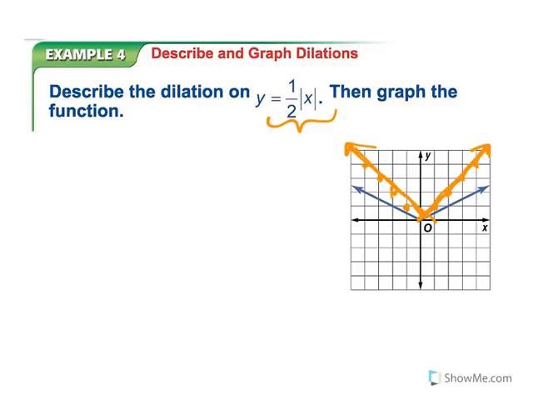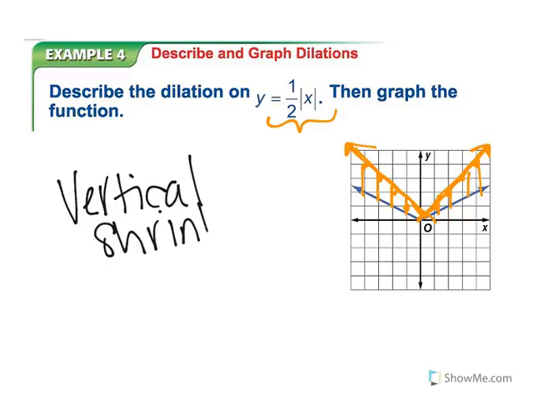See how each of these y values kind of shrunk down? Okay, so we would say it had a vertical shrink of 1/2.